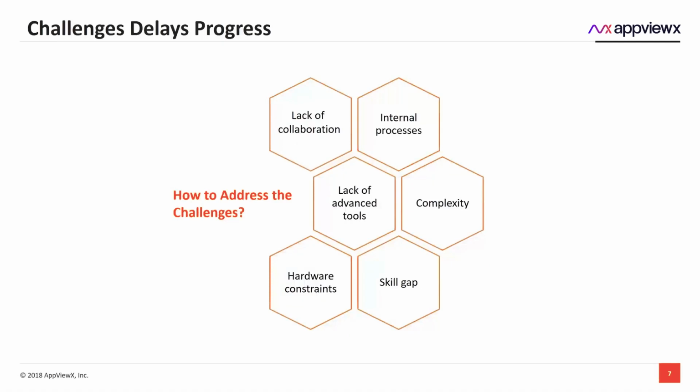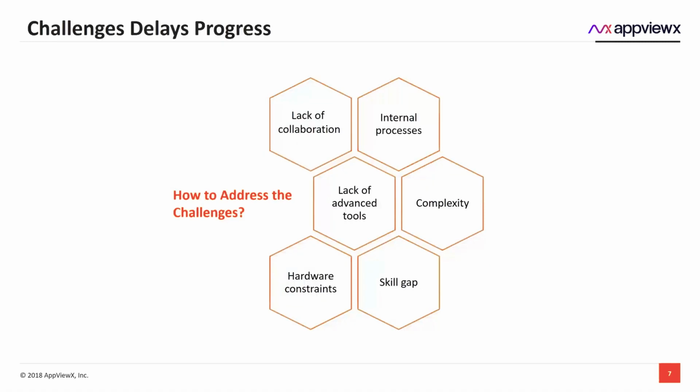And internal processes, what was defined and how it is consumed, are not easy to change, and they have their own SLAs with either existing vendors or new vendors. So it is not easy to change those and integrate those.